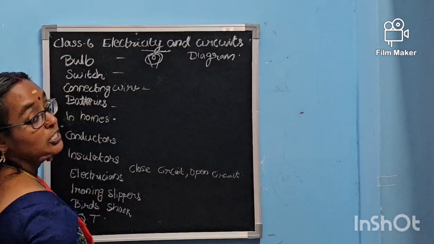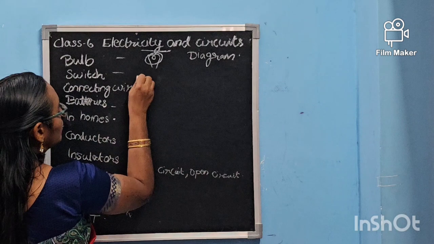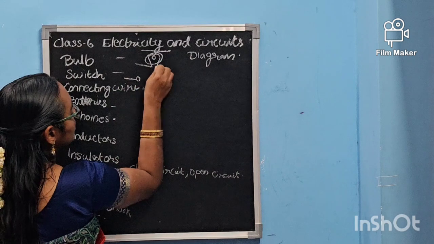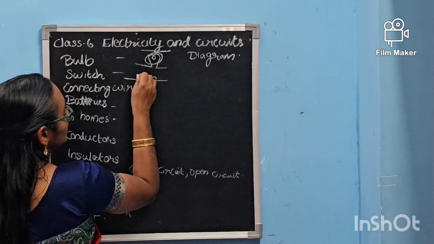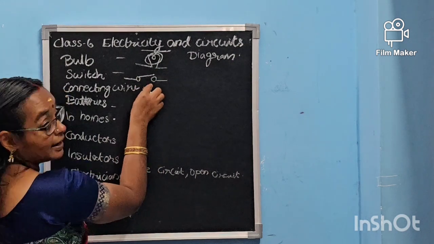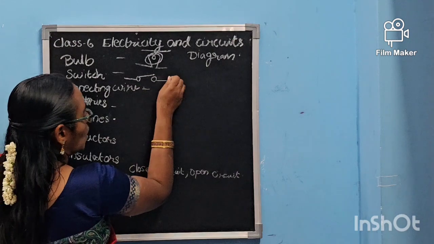Okay, then the switches. Switches, as I told you, have two metals. When the metals are not in connection with each other, it is the off position.